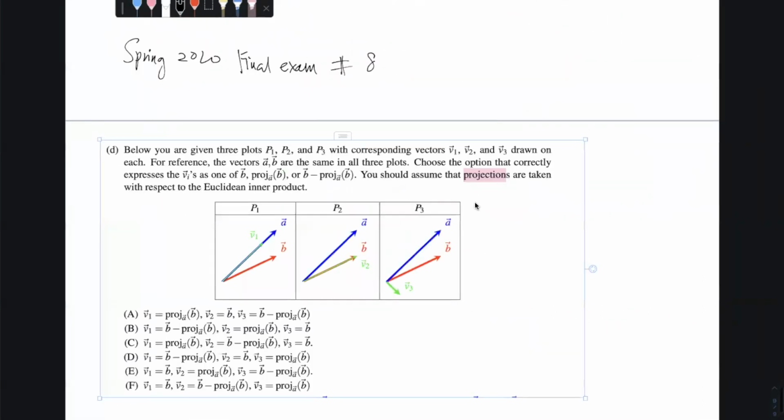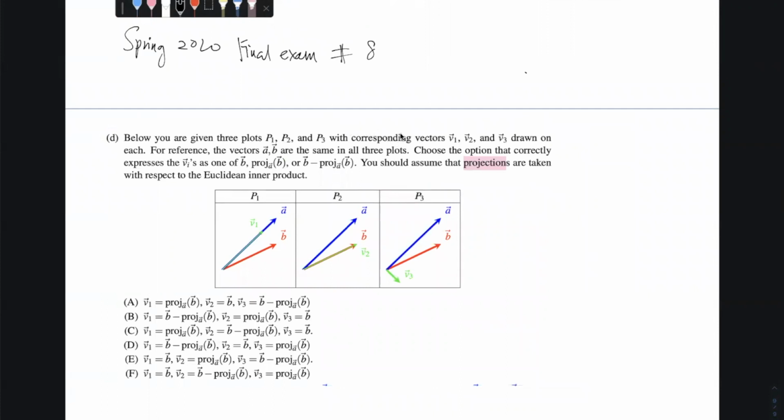So moving on, we're going to be doing the 2020 final exam, question 8D. You're given these three plots, P1 through P3, with the corresponding vectors V1 through V3.